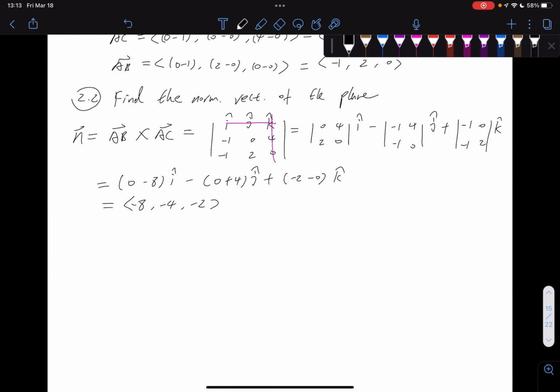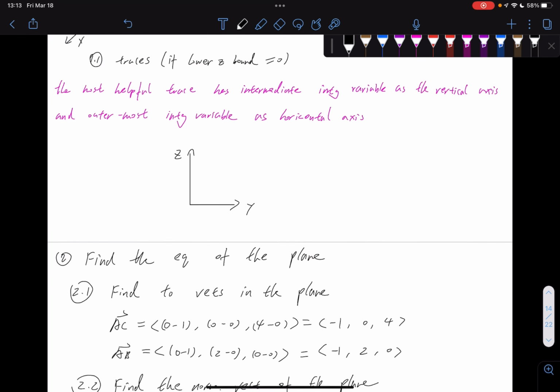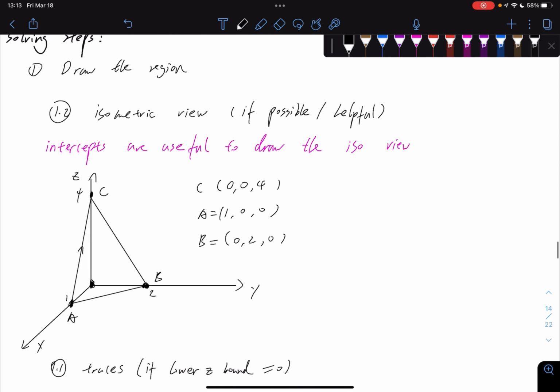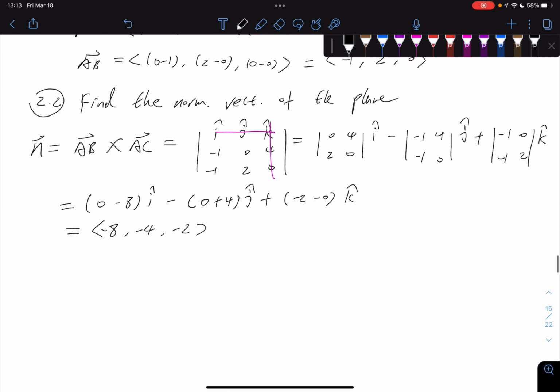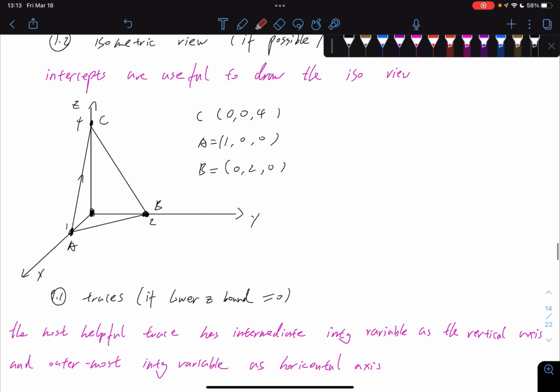So we find a normal vector of the plane, just for the sake of making my computation easy. What we actually just found is the inward pointing normal vector. It points into the origin, into the plane. But it's the same thing as the opposite.